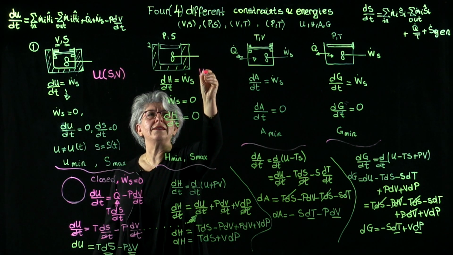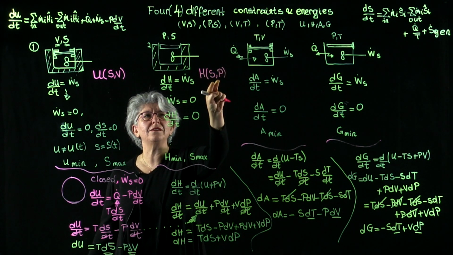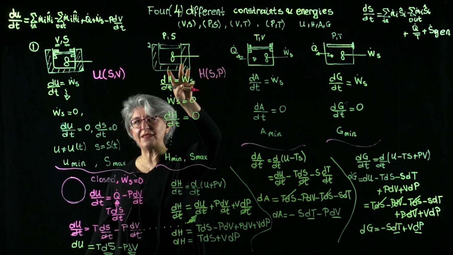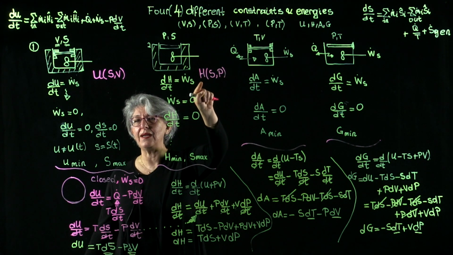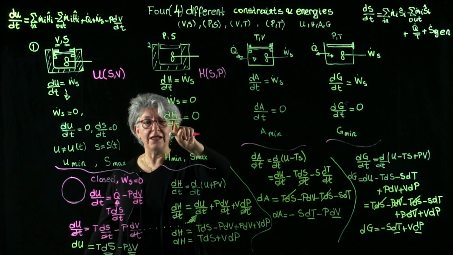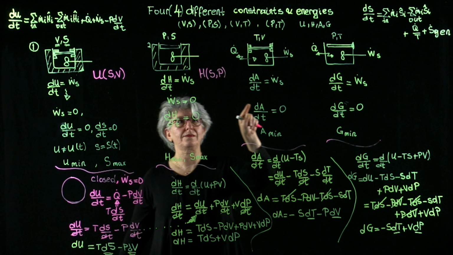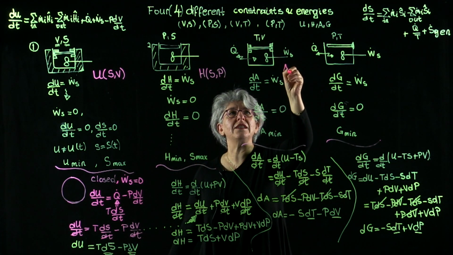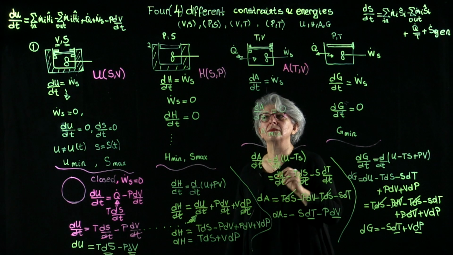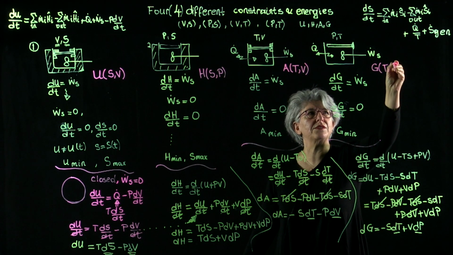Enthalpy is a function of entropy and pressure. Those are my independent variables. If my independent variables are entropy and pressure, the energy that I'm dealing with is enthalpy. Why? Because those constraints evolve into this balance equation, which evolves into minimization of that energy under natural forces. Helmholtz free energy is a function of temperature and volume, and Gibbs free energy is a function of temperature and pressure.